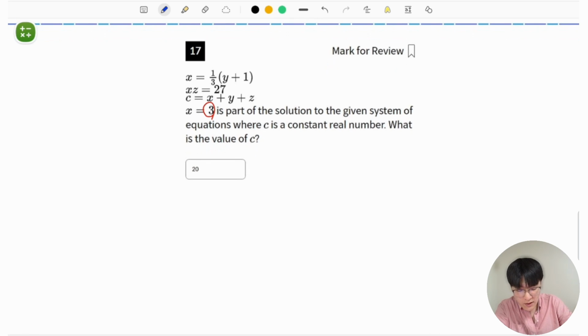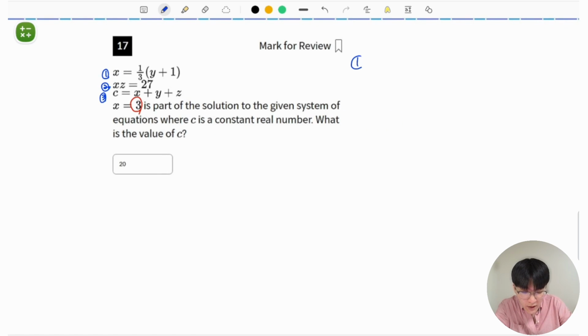So let's actually plug in 3 into all of these equations and see what's going on. So for formula 1, we get 3 is equal to 1 over 3 times y plus 1. I think we can actually solve this straight off the bat. Multiply both sides by 3, and we get 9 is equal to y plus 1, and therefore y is equal to 8.